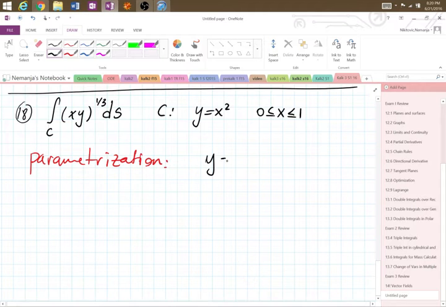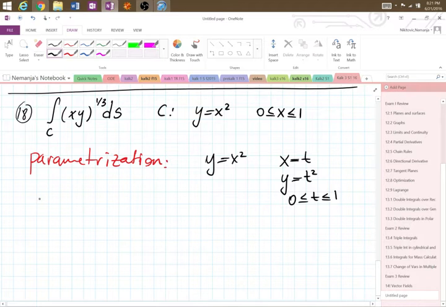So what do I have? I have y equals x squared. To parametrize this, I can use the dummy parametrization, x equals t, y equals t squared. And then because x is equal to t, I can immediately go 0 less than t less than 1 because there is a one-to-one correspondence between the two.